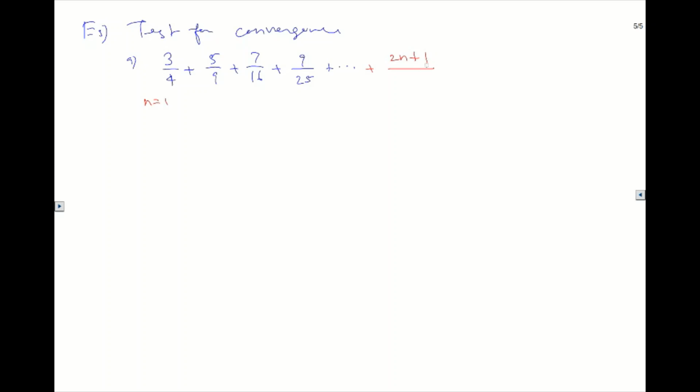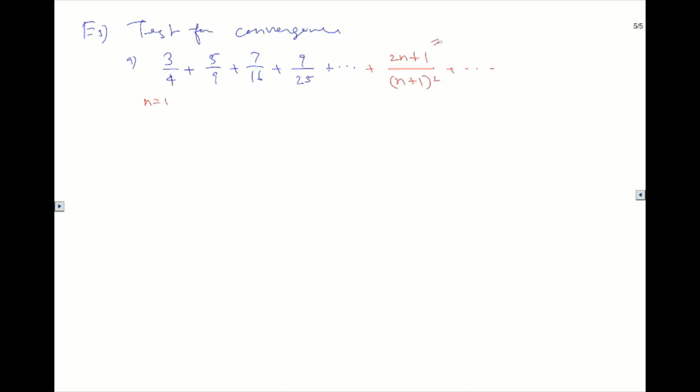What's the bottom? You can see 4, 9, 16, 25. Those are squares. The first one is the square of 2, the second one is the square of 3, the square of 4. That means the square of n plus 1. So that's the nth term.